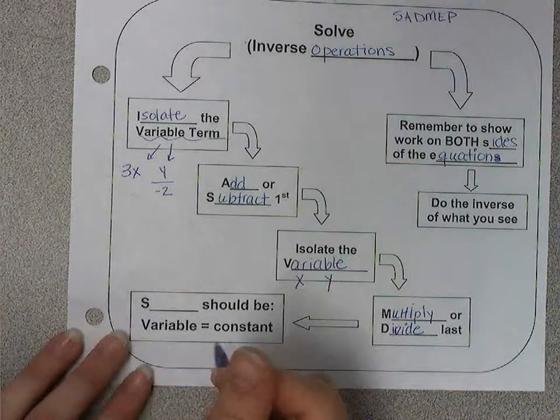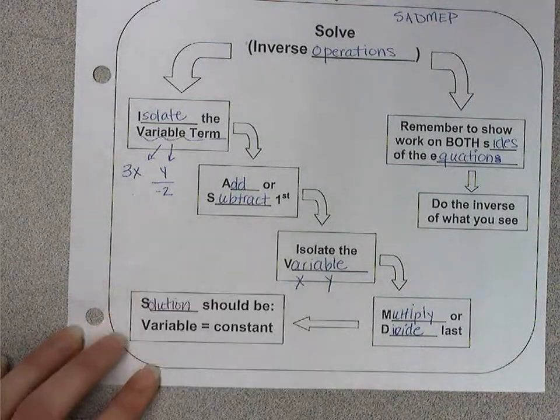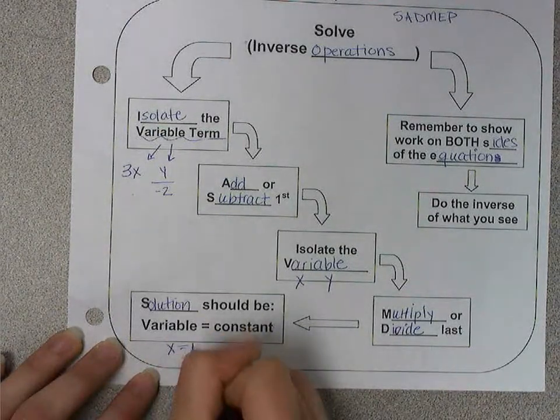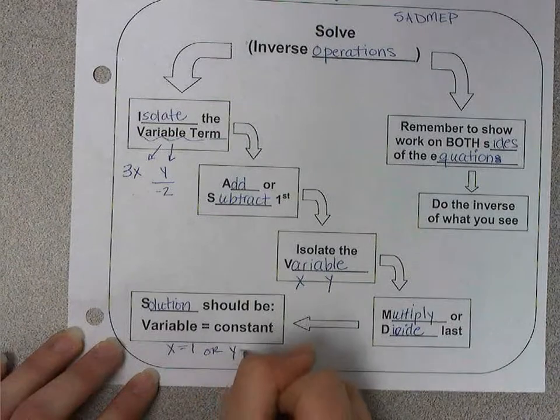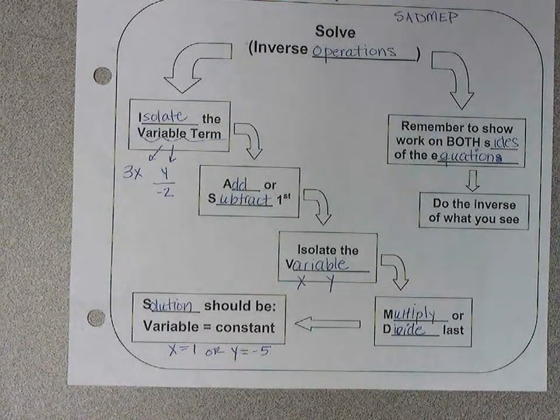Your solution should be variable equals constant. So x equals 1 or y equals -5. So variable equals some kind of number, you found your solution.